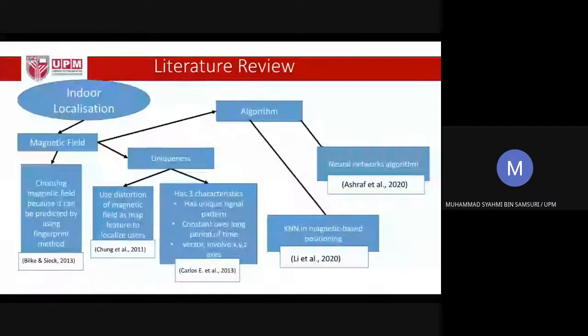So this one is a literature review for indoor localization. Based on the magnetic field, why? Because the magnetic field can be predicted by using the fingerprint method.